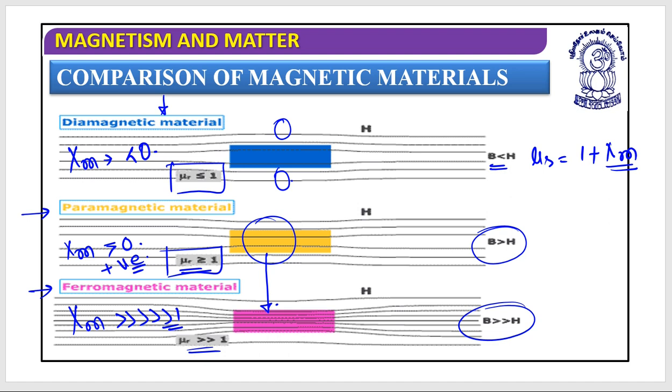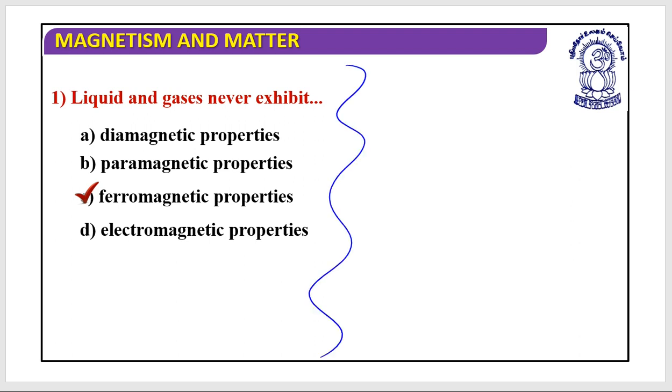I hope this is clear. Is it clear? Are you sure? Yes. One more thing I need to discuss is what it means when we say any material is diamagnetic, paramagnetic, or ferromagnetic.